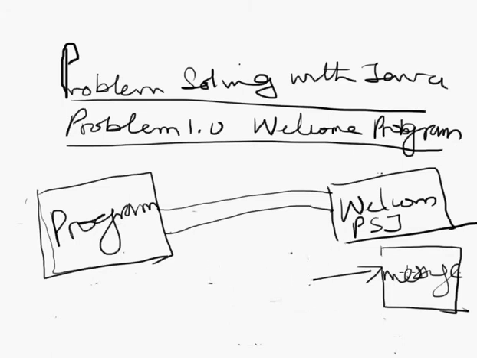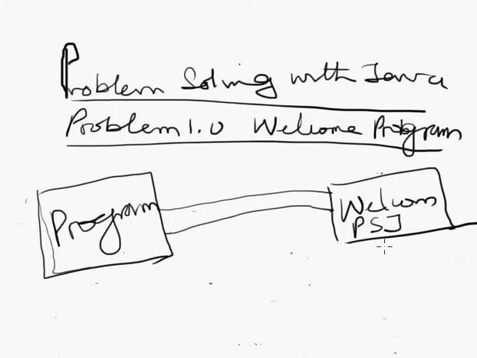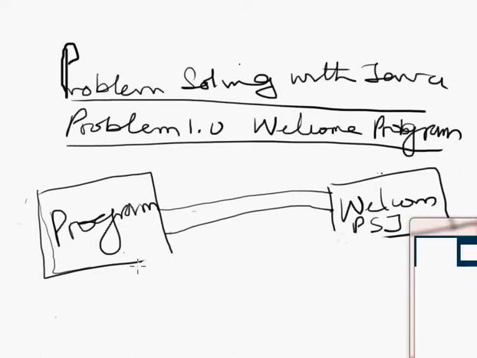How do we do that in Java? One thing about programming languages is that you have a way of representing every object. In this case we have a screen, and how do we represent a screen in Java?